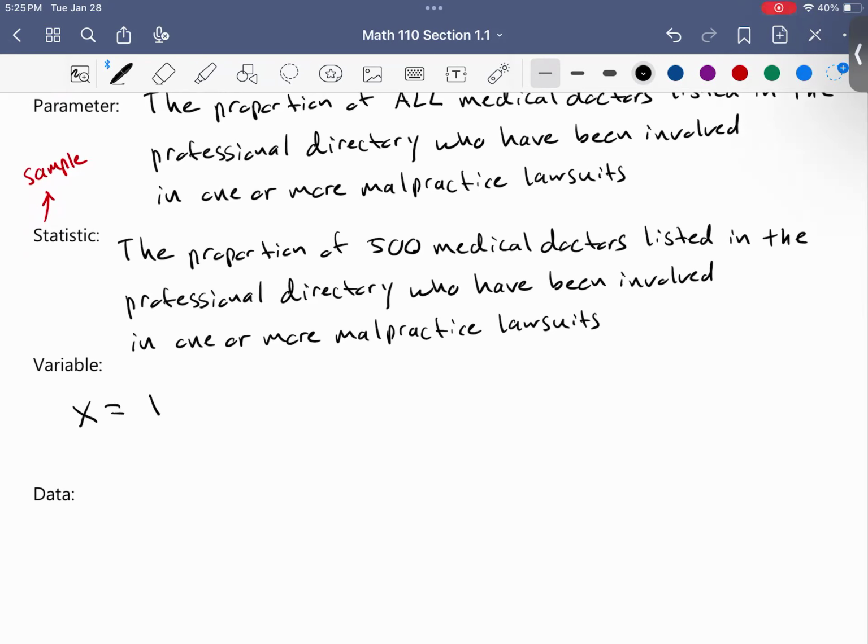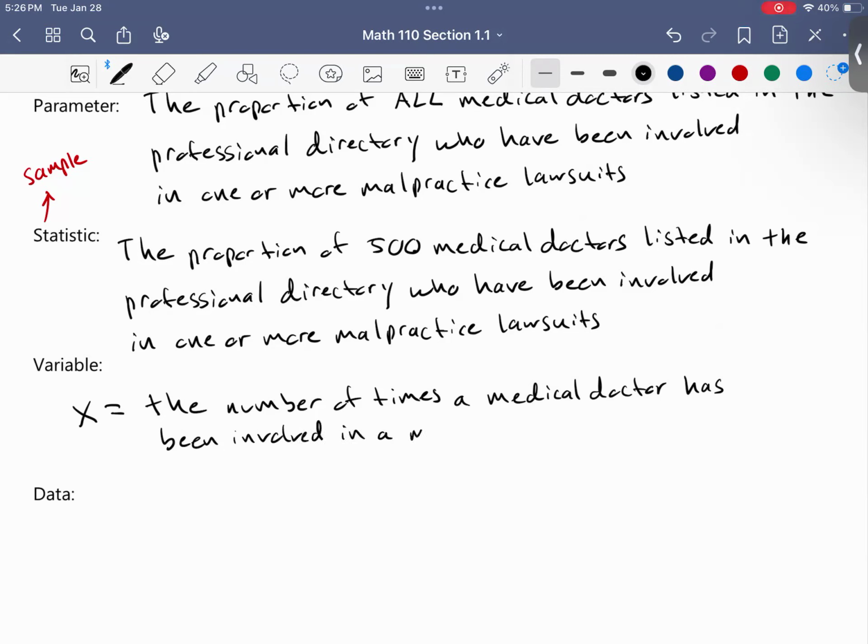So X equals the number of times a medical doctor has been involved in a malpractice lawsuit.